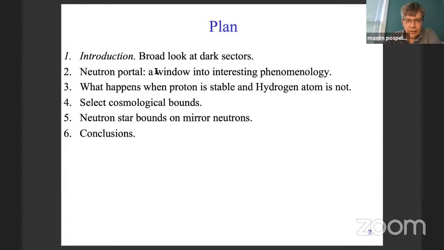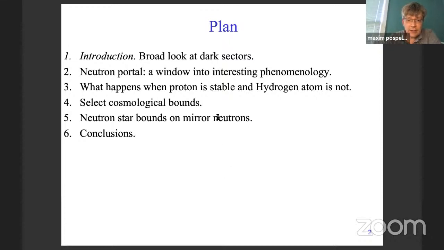Well, I start with a broad look at dark sectors, an activity that has been brewing both in the US and Europe and elsewhere for some time now. And I will try to put this neutron portal idea into a broader context.